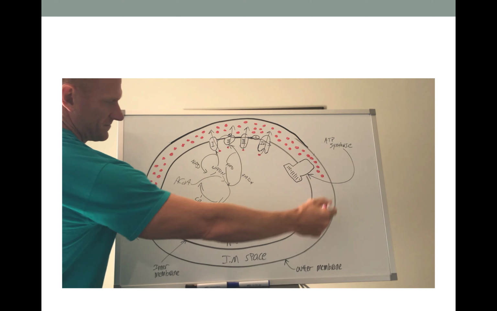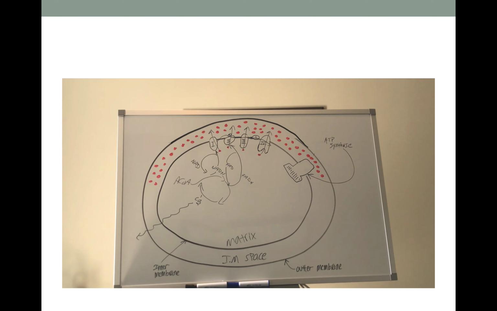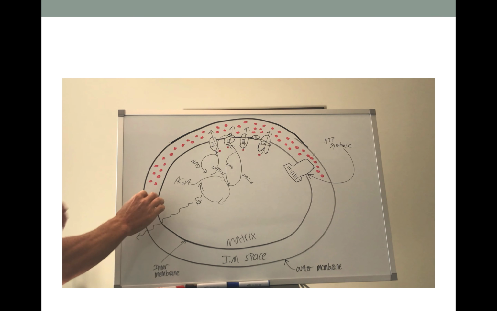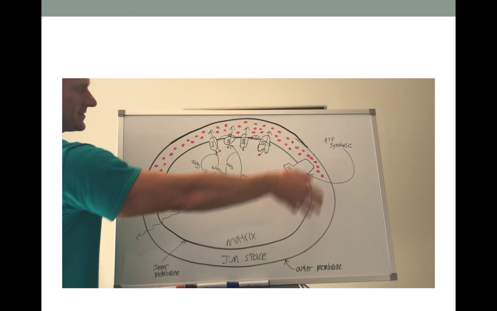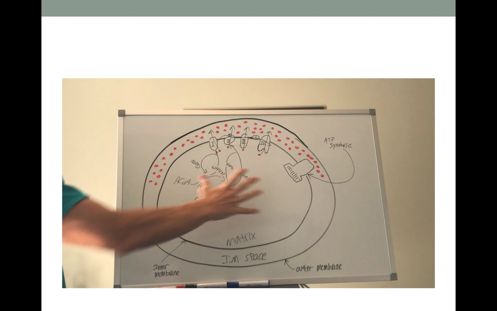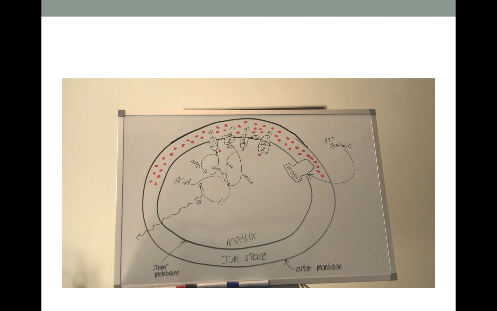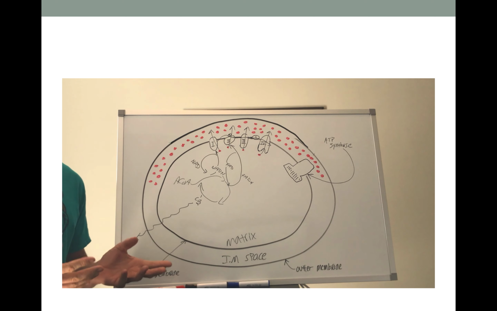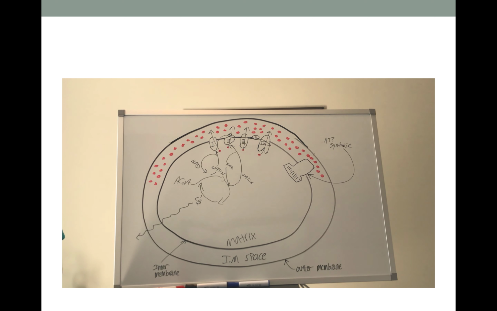You get the point. Imagine they circle all around. So what we have is a concentration gradient. Lots of hydrogens in the intramembranous space, very few hydrogens in the matrix. Molecules always want to move from an area of higher concentration to an area of lower concentration.